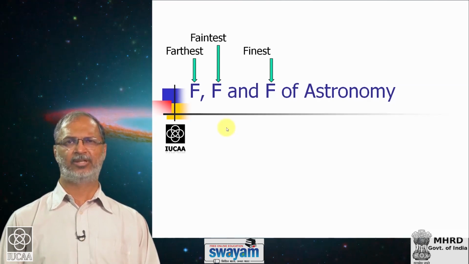So, as an astronomer, pushing the limits of these 3 F's, the farthest, how far you can go, the faintest, or the object you can study, and the finest, how much detail you can study on that object. These 3 things drive astronomy to new frontiers all the time.